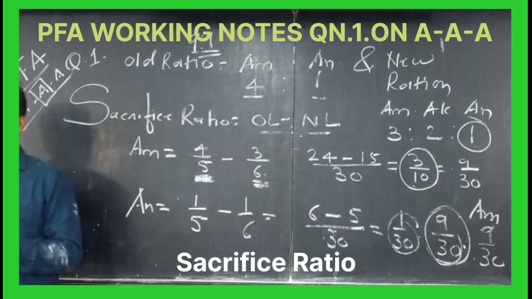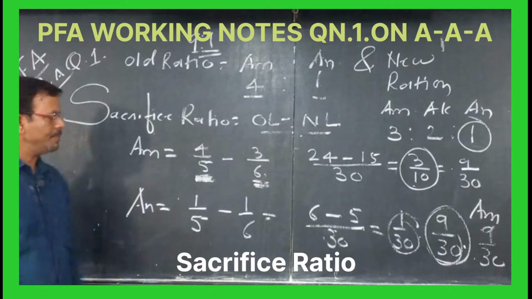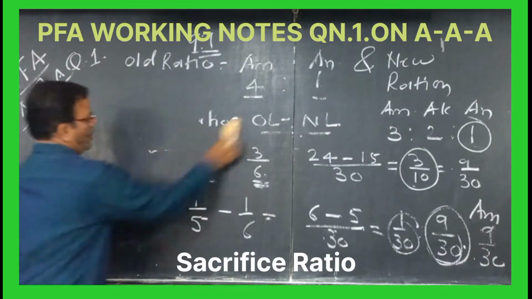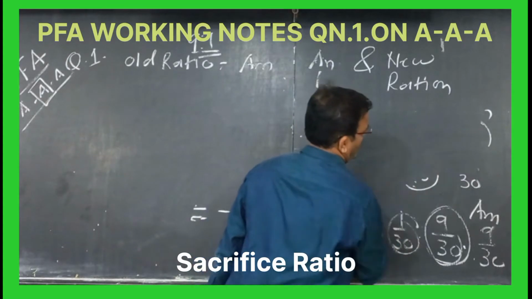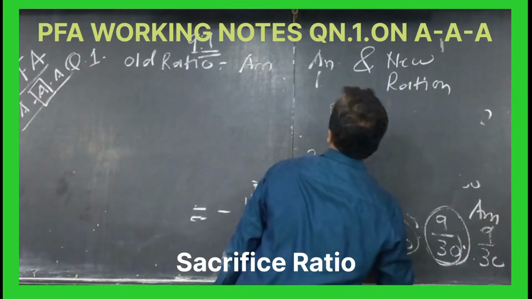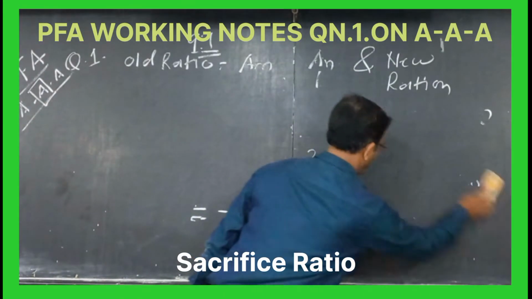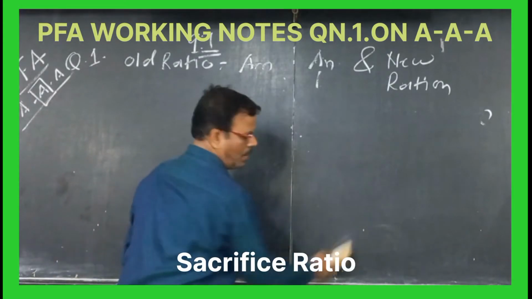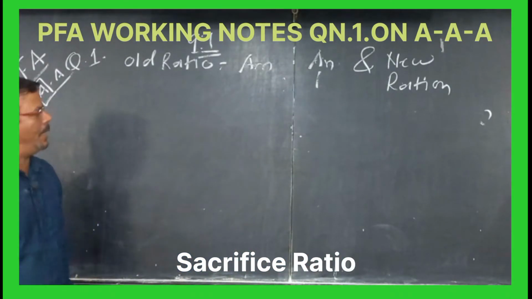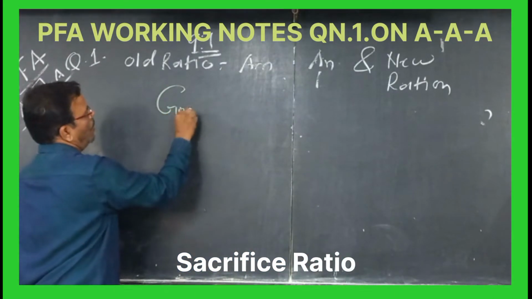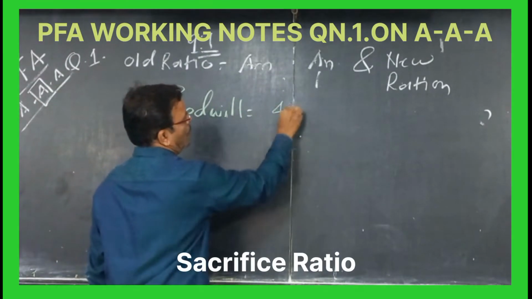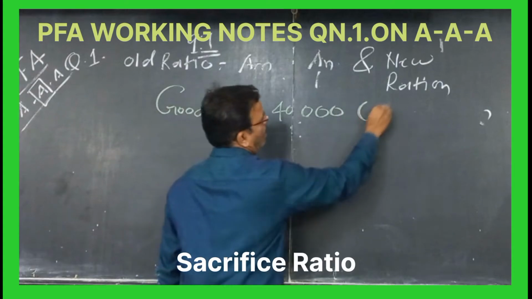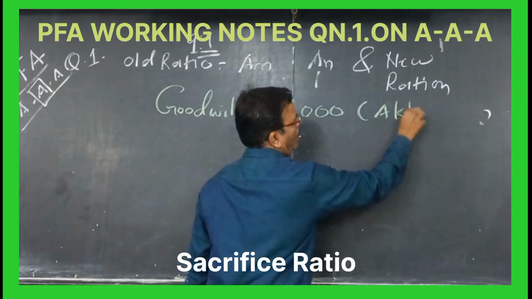Now why do we want the sacrifice ratio? Because in this case, goodwill is brought by whom? Goodwill brought by Akbar.